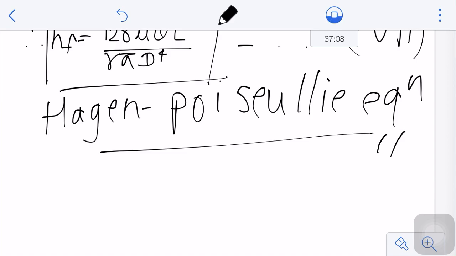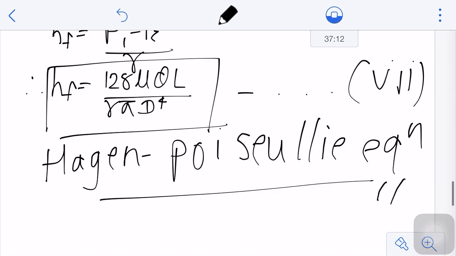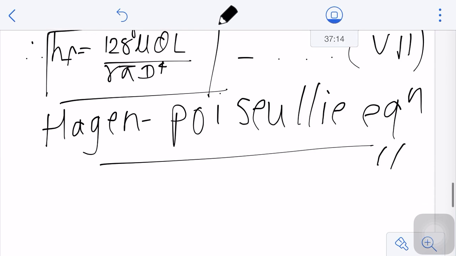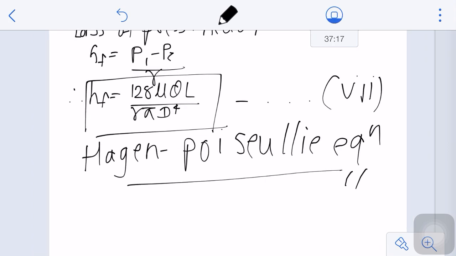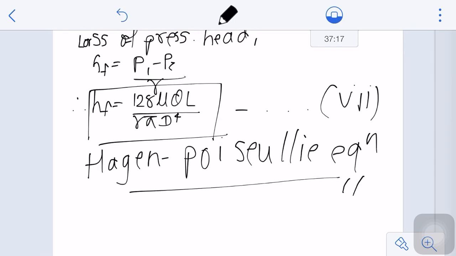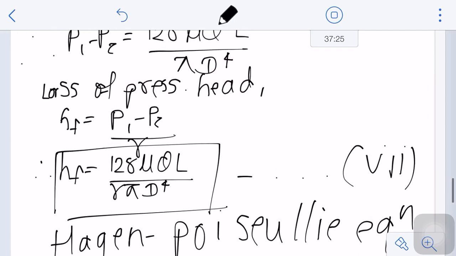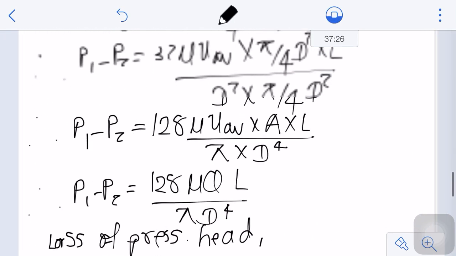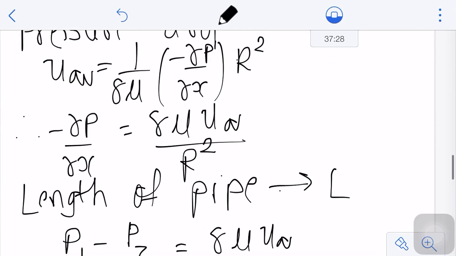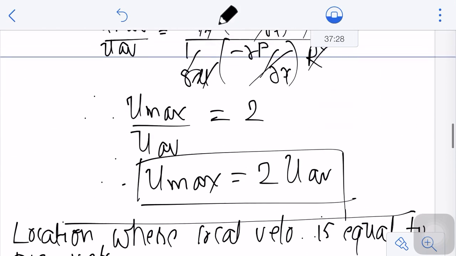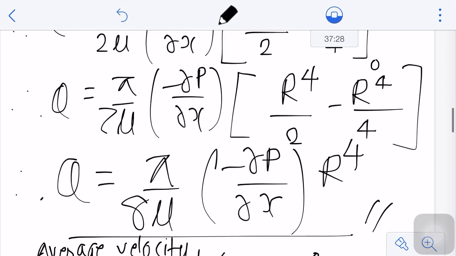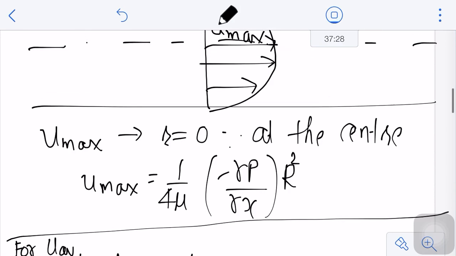Thus the value of the friction factor can be computed by comparing these two equations. This is how viscous flow through a circular pipe, the Hagen-Poiseuille equation, can be studied. Further, we can also solve certain examples based on this equation to understand its application, and how you can use it in various categories of examples.